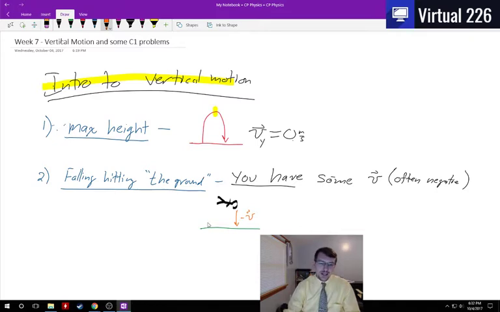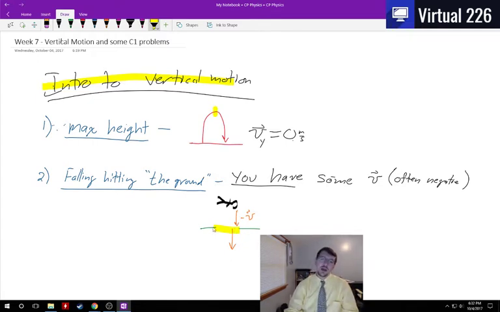Whenever you hit that ground, yes, you are going to stop after you hit the ground, but if all of a sudden you opened up a little hole in the ground right here, you would continue to fall through it, and at exactly this location right here, you would still have some negative velocity. That's why you keep falling.